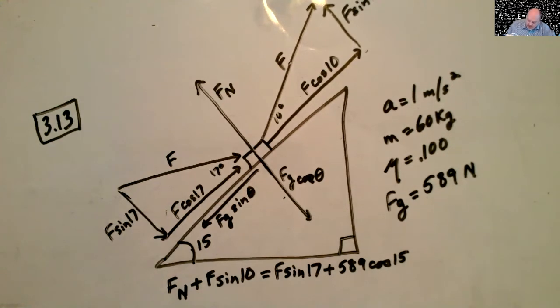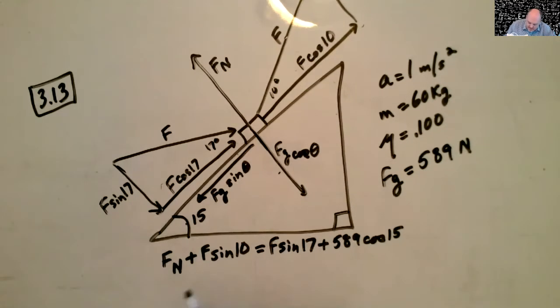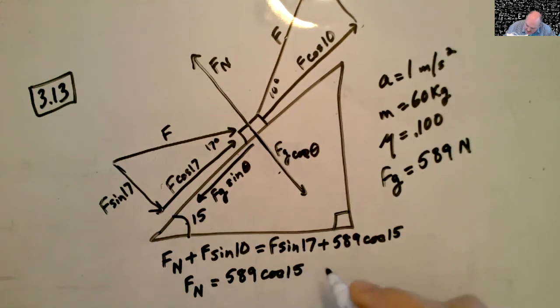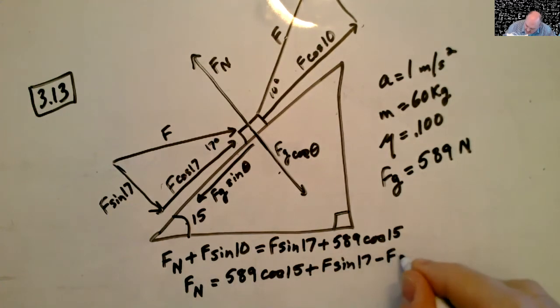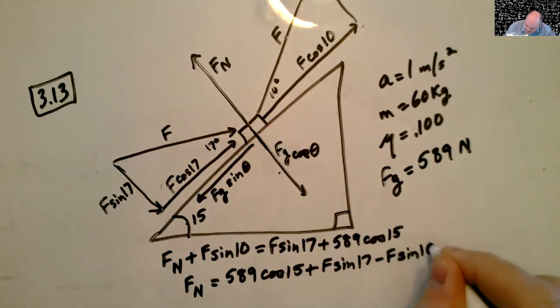Okay. That means Fn should equal 589 cosine 15 plus F sine of 17, and then I can take this over, minus F sine of 10.